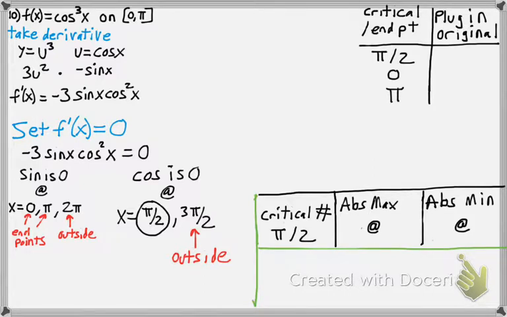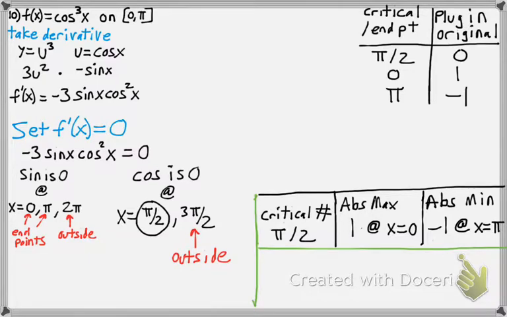If you do that, you get 0, 1, and negative 1. So the absolute maximum is 1, and it occurs at x is equal to 0. And the absolute minimum is negative 1, and this occurs at x is equal to pi.